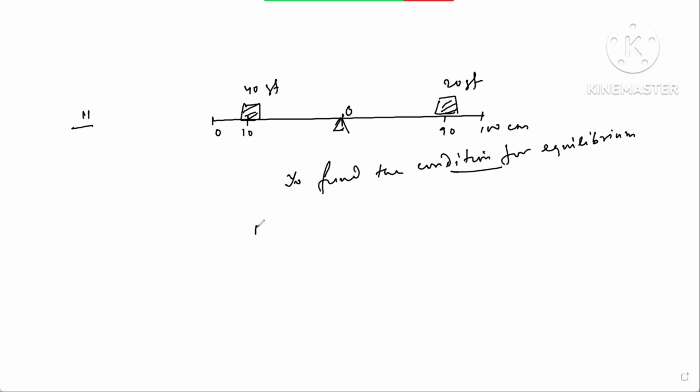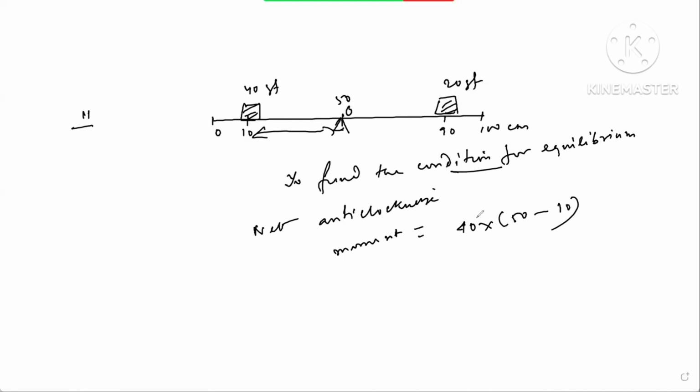So net anti-clockwise moment equals 40 into this distance. What will be the distance? This is the 50 centimeter mark, this is the 10. So 50 minus 10. So 40 into 40, that is 1600 gram per centimeter.